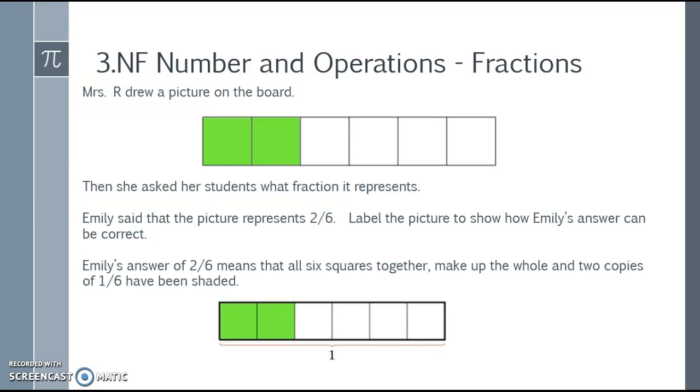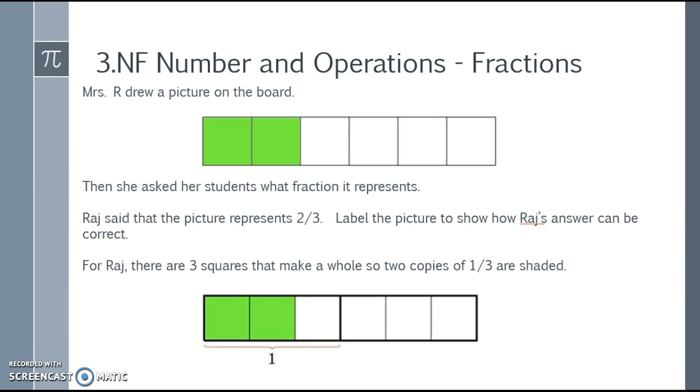So this might be what you see right away, the most common one. However, Raj says that there are 3 squares that make a whole. So 2 copies of 1/3 are shaded. So there's actually 2 whole pieces here. There's the 3 little squares on the left and the 3 little squares on the right. 2 of the 3 are shaded on the left, so 2/3 are shaded.